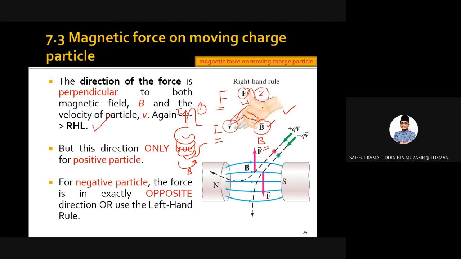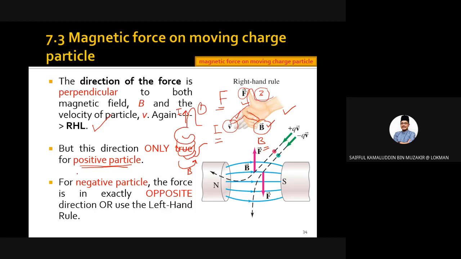So we have three right hand rules we have learned. But this direction is only true for positive particles. The third right hand rule that I have shown to you, the FVB, is only for positive particles. If we are considering a positively charged particle, use the third right hand rule.